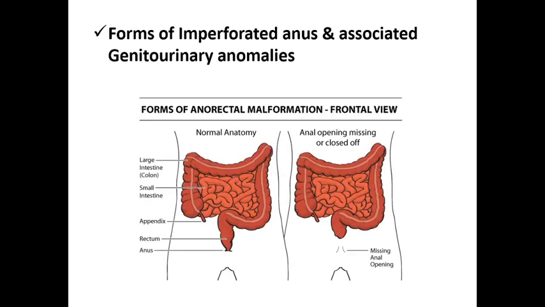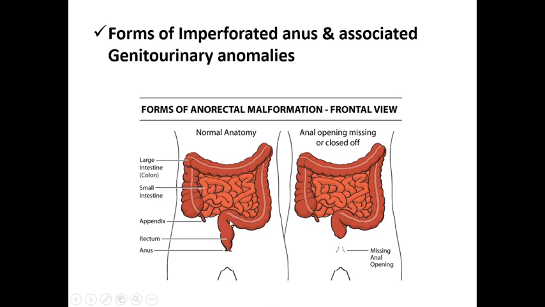Next we'll see the condition called imperforate anus. Now look at this, this is the normal anatomy. You have the stomach, then the small intestine, and then the large intestine, or the colon. So these are the parts of your colon.